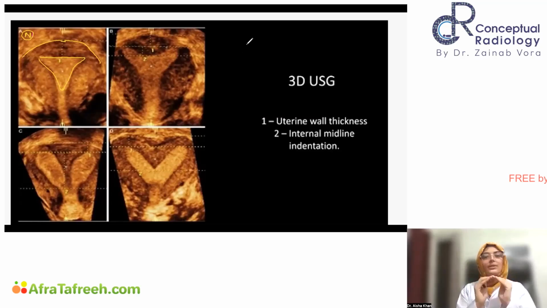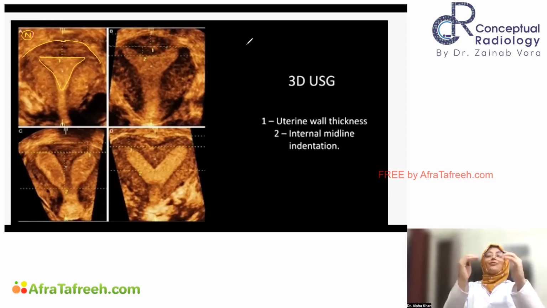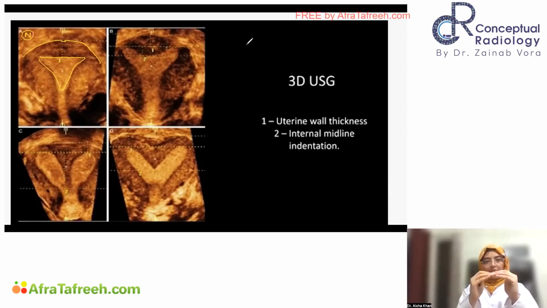That is the normal thing. Now, if you have an abnormal thing, what can that be? You have a fundal cleft, heart shaped. Okay, so fundal clefting or external indentation, these are the problematic things. So normal is convex or a little bit flat. It is called the serosal surface or the fundus or the fundal contour.